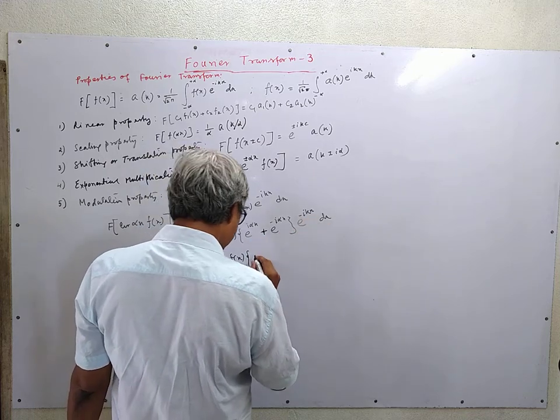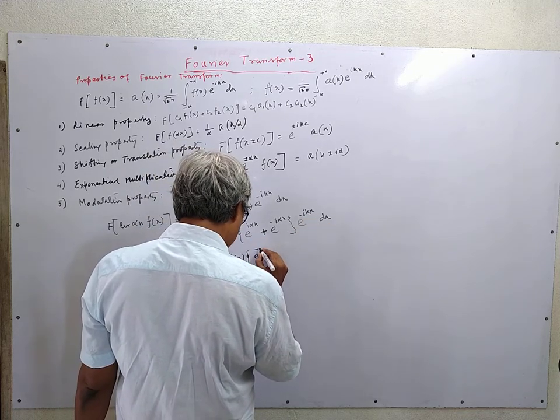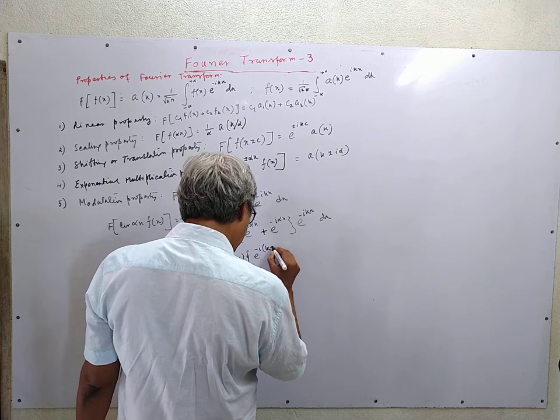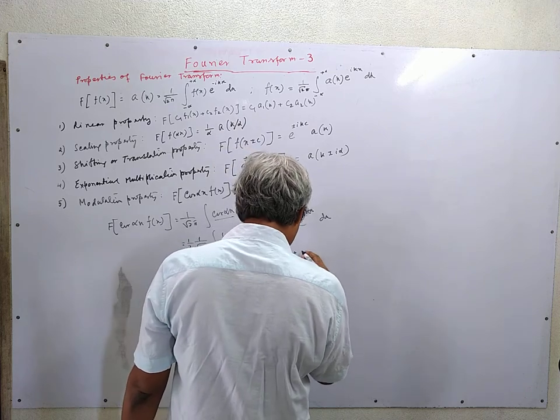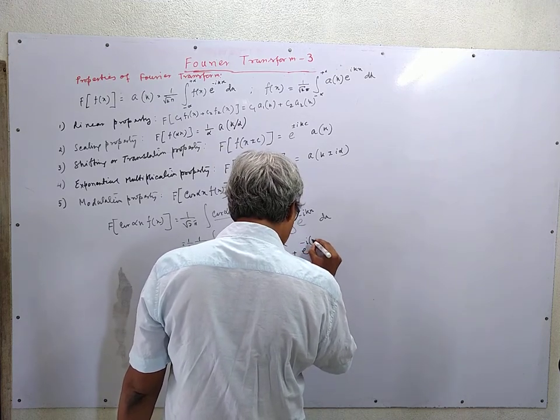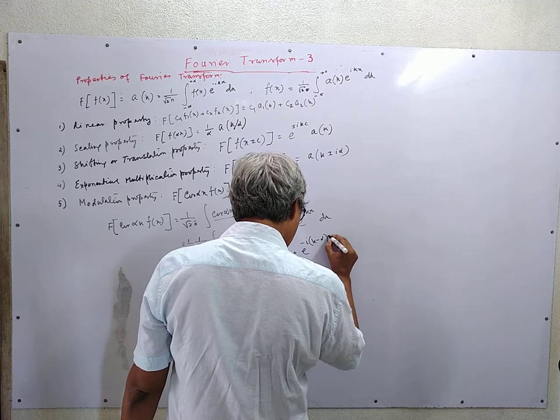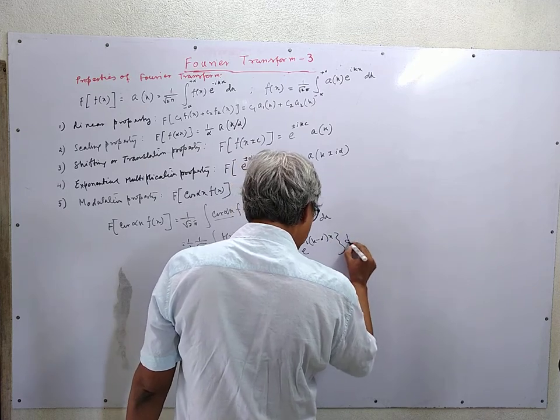When these two are coupled, we have e to the power minus i k plus alpha x, and when these two are coupled, we will have e to the power minus i k minus alpha x dx.